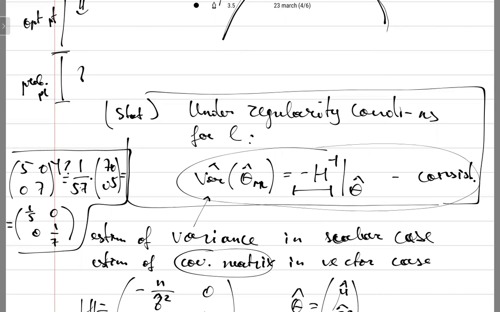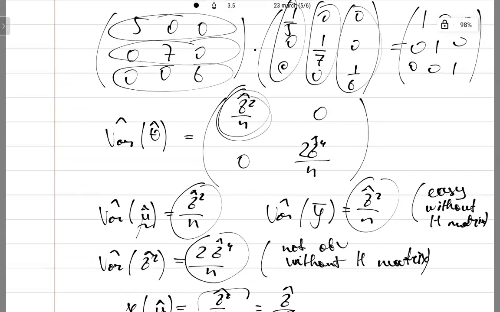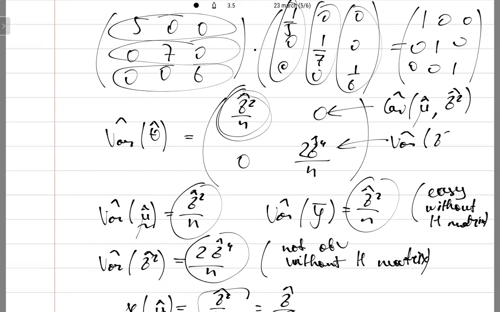So in our case, you are right that we have 0 in our matrix, but that is not the true covariance. We treat the 0 as an estimate of the covariance of mu hat and sigma hat. This is the estimate of the variance of sigma squared hat, and this is the estimate of the variance of mu. So you're right, it gives us a hint that mu hat and sigma squared hat are independent, but that's not an honest proof. Be careful.